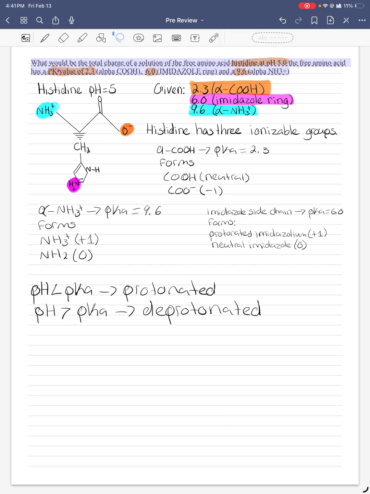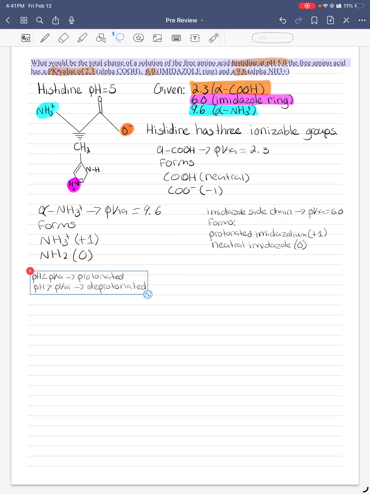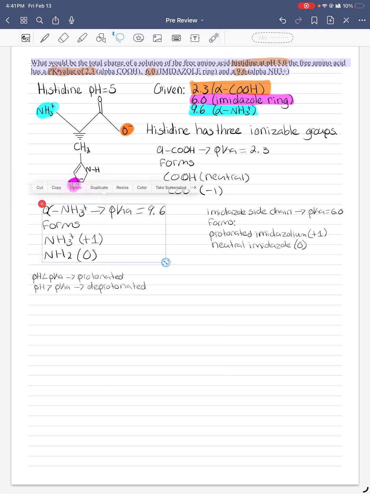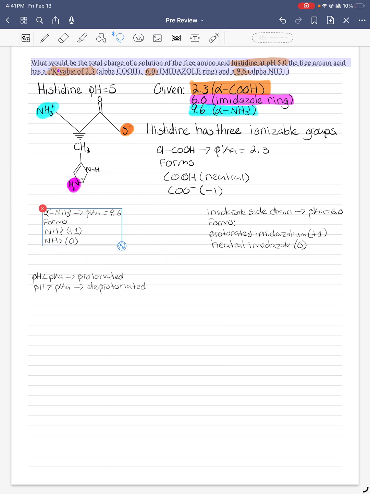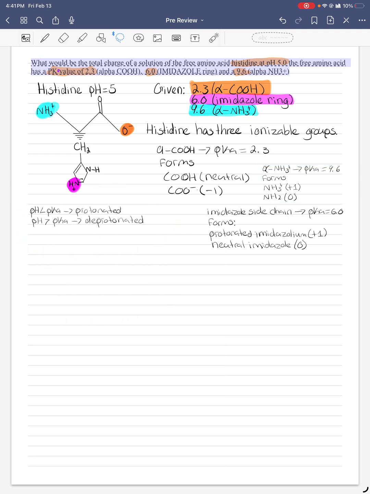So let's just keep these two rules in mind, right? We'll put it here. These are the rules that we need to keep in mind, because we're comparing the pH 5.0 to each pKa, right?